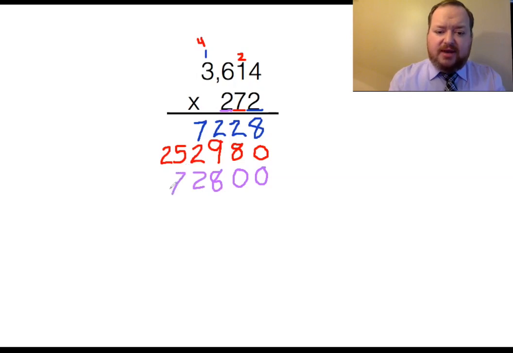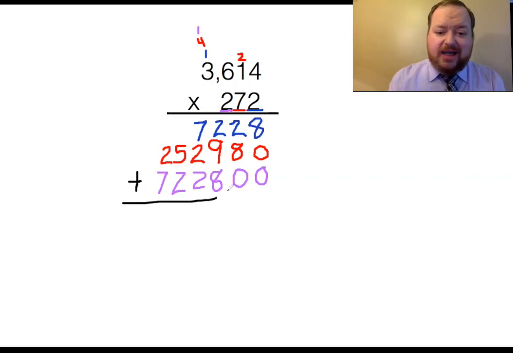Again, I can only write down 1 digit, so that extra 1 is going to come up here. 3 times 2 is 6, plus the 1 more gives me 7. All right, so when I did my partial product of 3,614 times 200, I got 722,800.